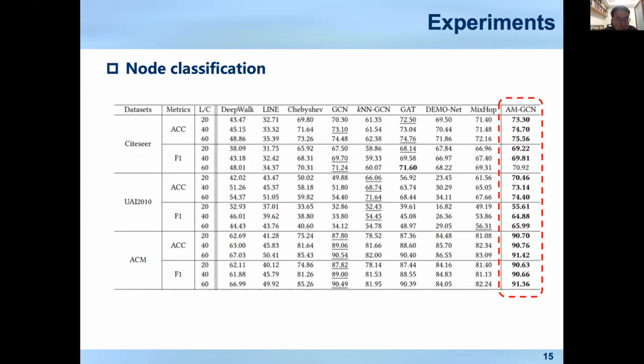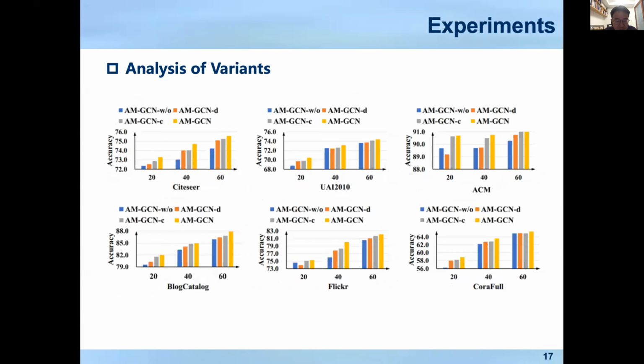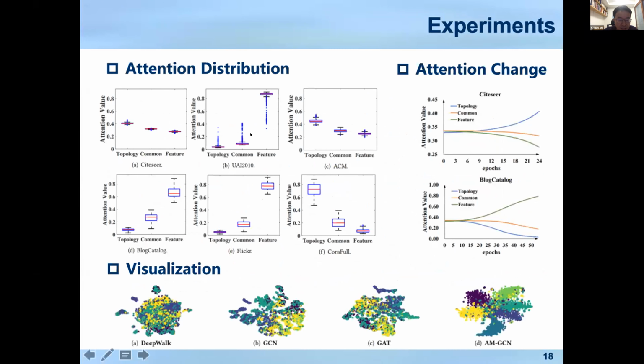The experiment on node classification illustrated the best performance of the proposed AMGCN. And we can also find that the AMGCN can automatically learn the weights of topology and features according to the different tasks.